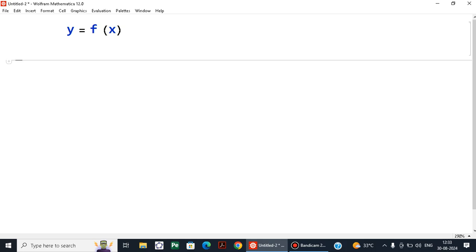This session is all about how to draw the basic form of the function y = f(x) on Wolfram Mathematica software.